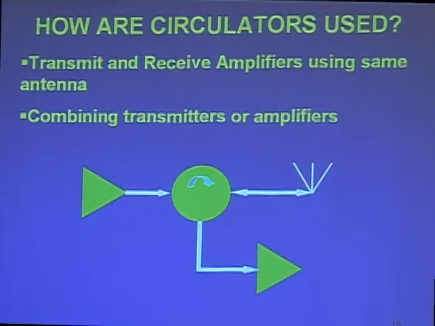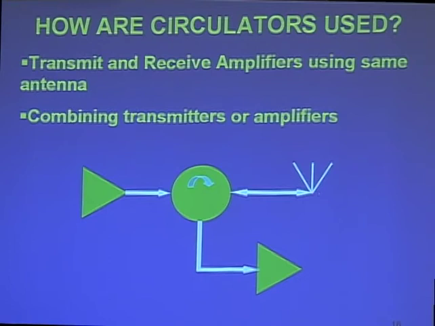One of the methods that's used chiefly is to have a single antenna for transmitting and receiving. But then you have to separate the transmitter and the receiver electrically, and that's what we're doing here.